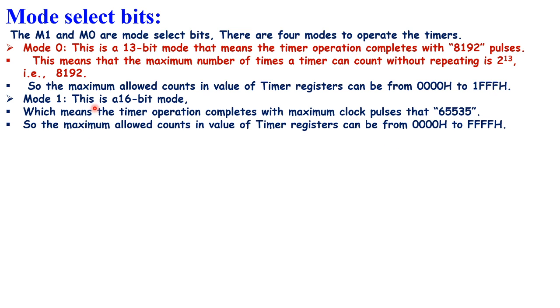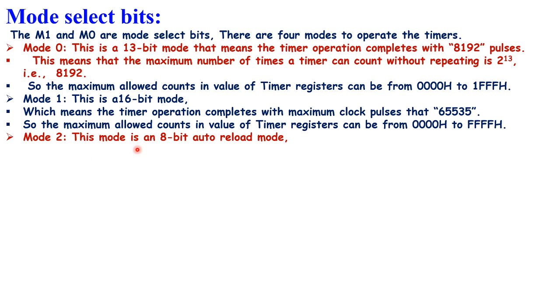Mode 1, that is the 16-bit mode, means the timer operates completely with a maximum of 65,535 clock pulses. So the maximum allowed clock count in the timer register can be from 0000H to FFFFH. So these two modes we discussed in the previous lecture.